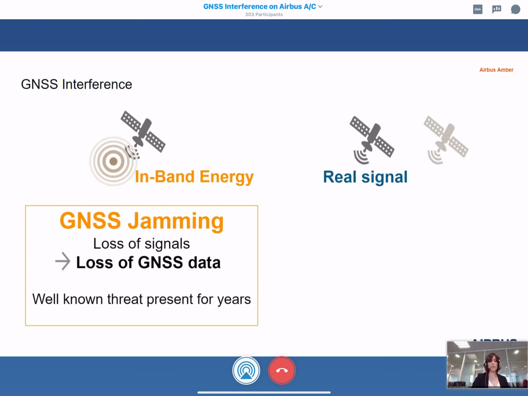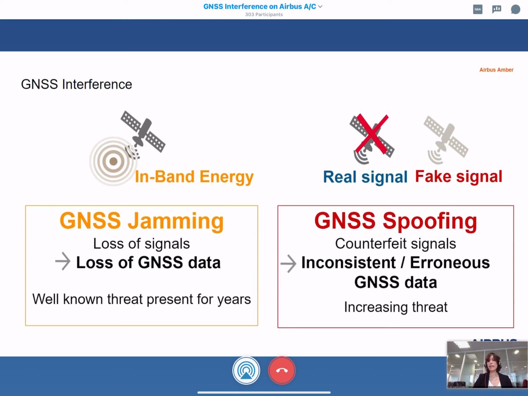On the other hand, we may have a fake signal that aims at replacing the real one to deceive the GNSS receiver. This is what we call GNSS spoofing. Spoofing may lead to inconsistent or erroneous data.